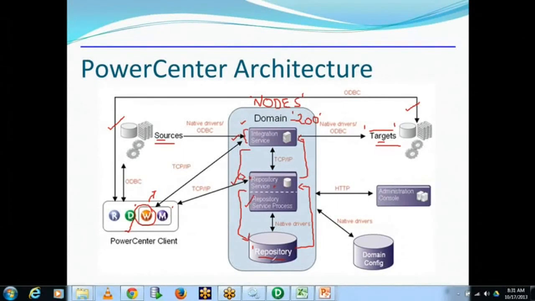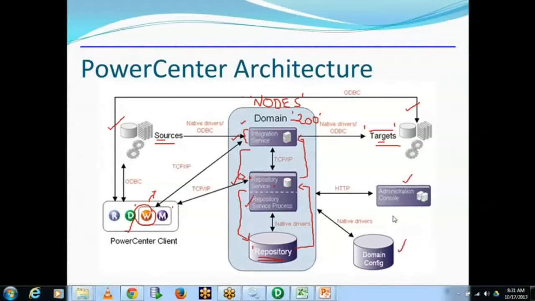Okay, we spoke about the internal database of Informatica, and how the flow happens in a cyclic manner from the client tools, from the command to the services, and how the cycle works. Okay, now what is this admin console and the domain config?